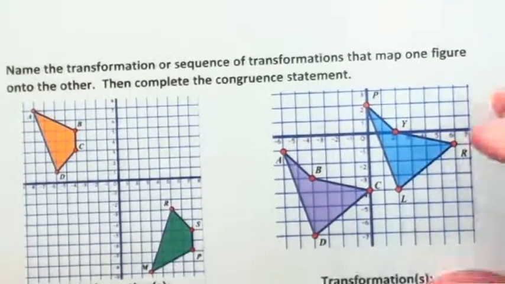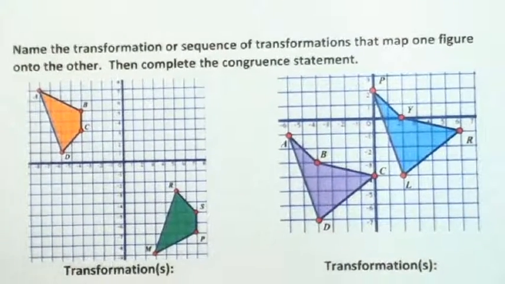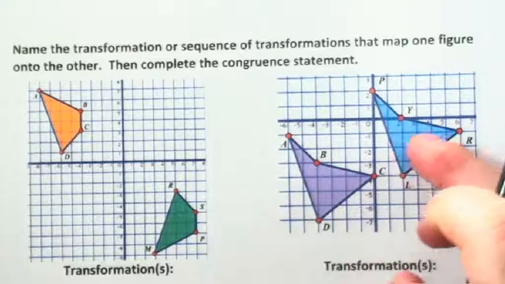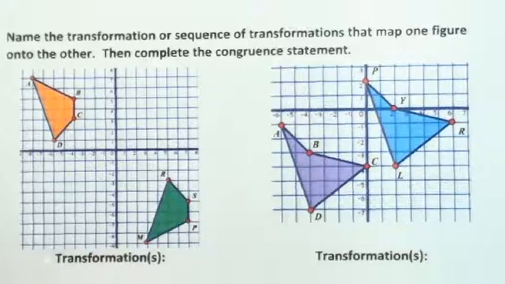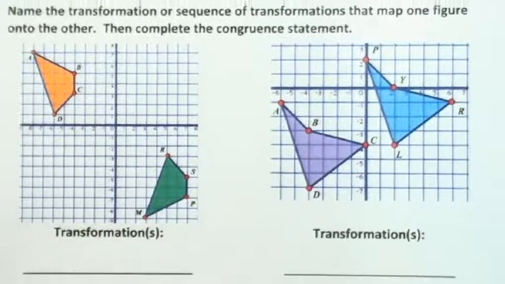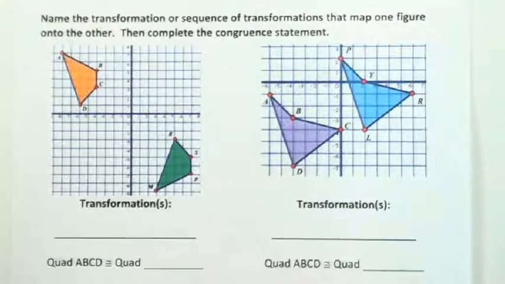Here's another example. It says, name a transformation or a sequence of transformations that would map one onto the other. So here I can see there would be a nice translation. Let's do that one first. I recognize its result there.